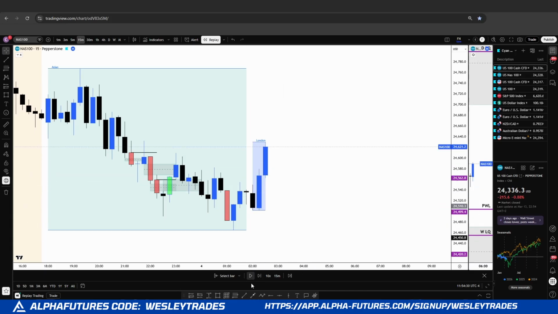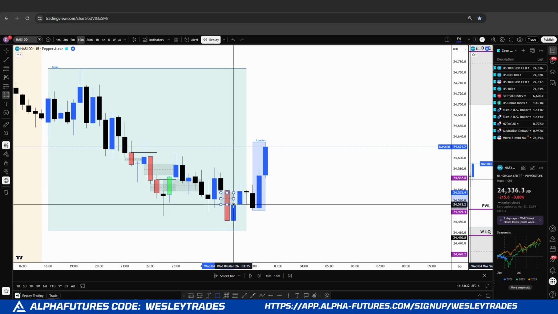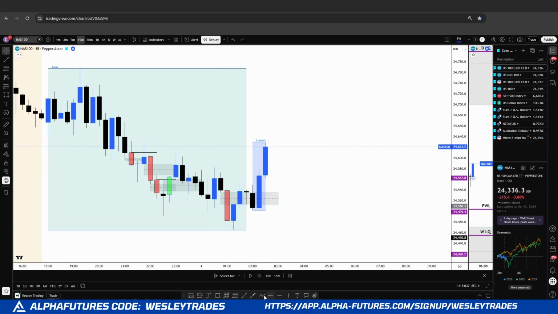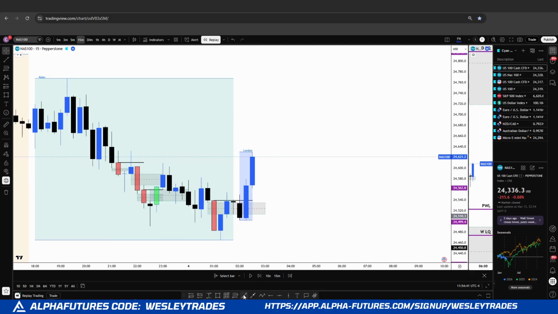This is the first time that a bearish fair value gap has completely been disrespected. We closed above it. And what next? Price created a bullish fair value gap. And this is what's called a reversal.